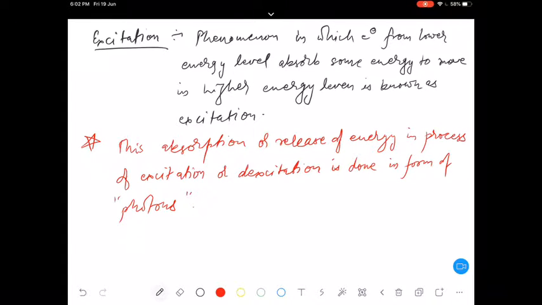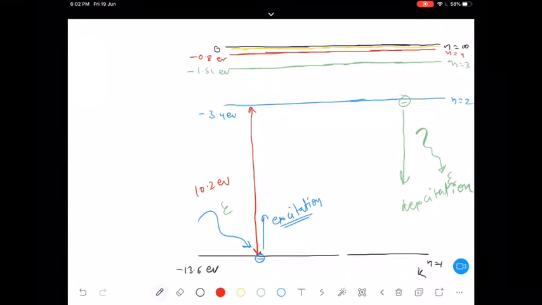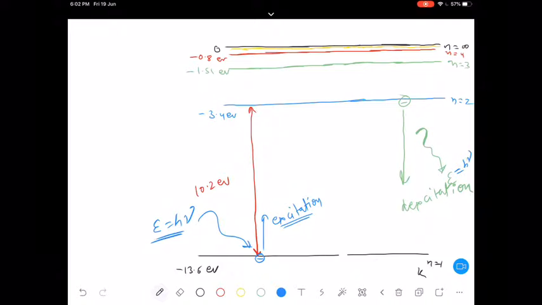Means energy will be absorbed in the form of a photon. Basically, this electron present in a lower energy level orbit will absorb this energy in the form of a photon. Similarly, energy will be released in the form of a photon.